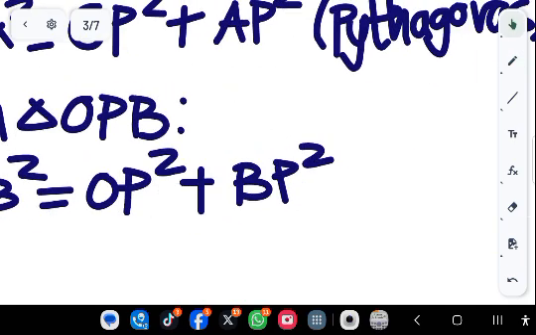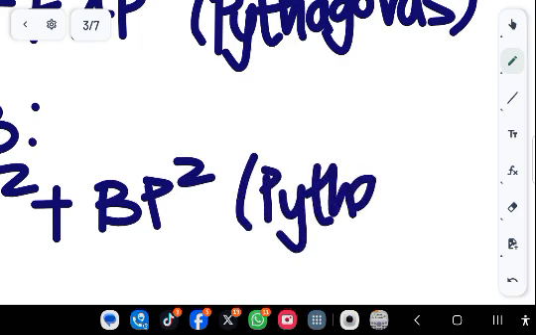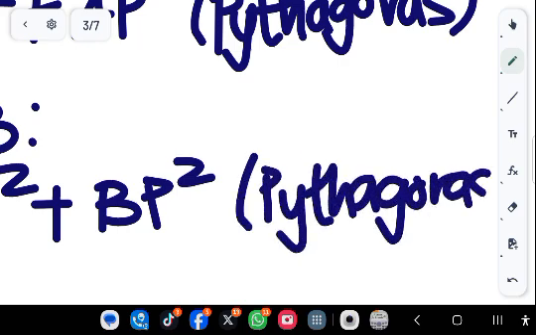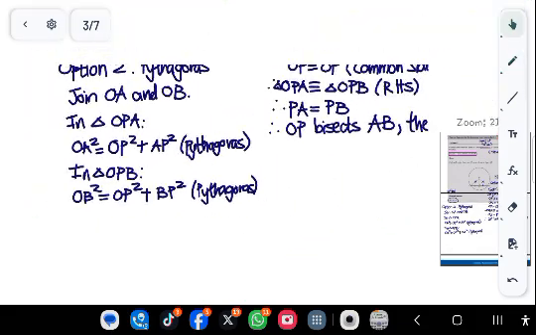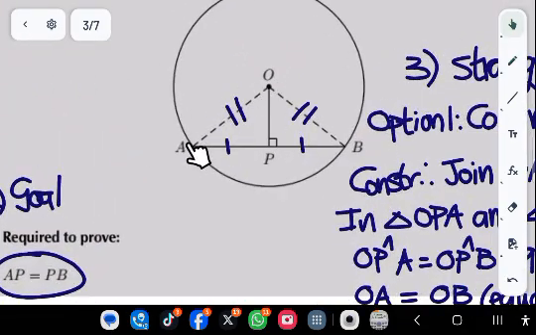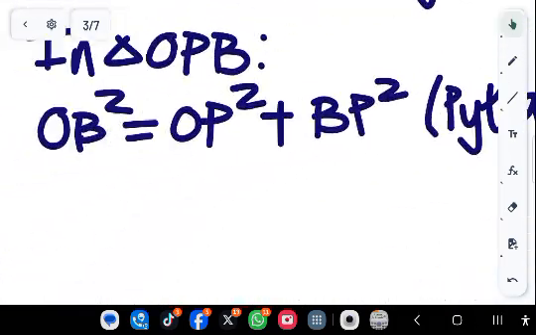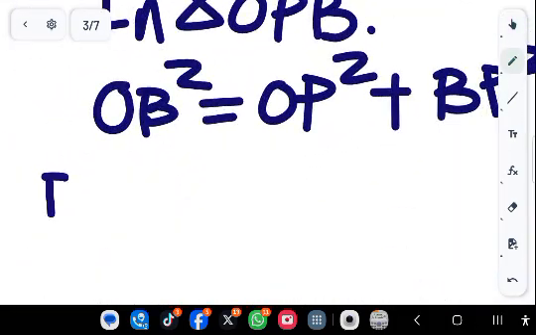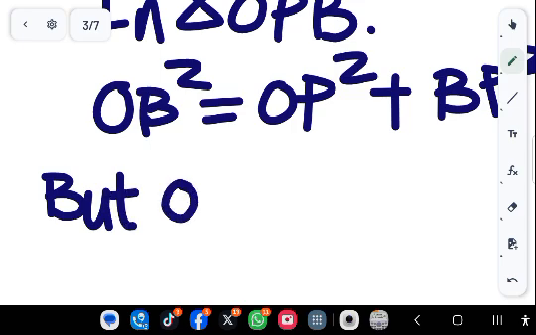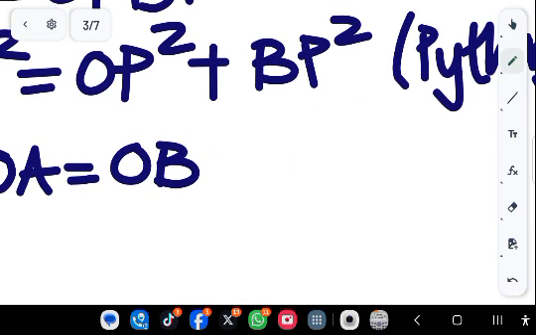It's up to you. Same reason, Pythagoras. All right, good. But notice one thing: OA equals OB, and the reason is that they're equal radii.